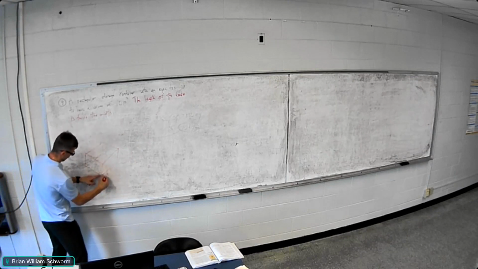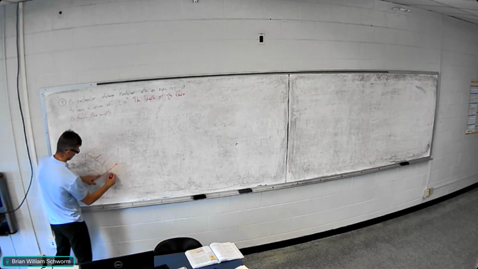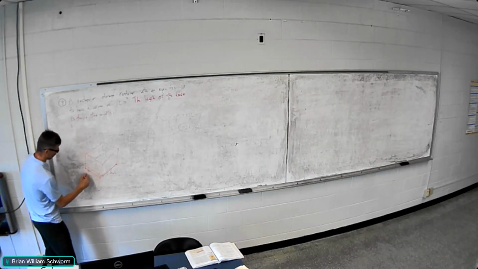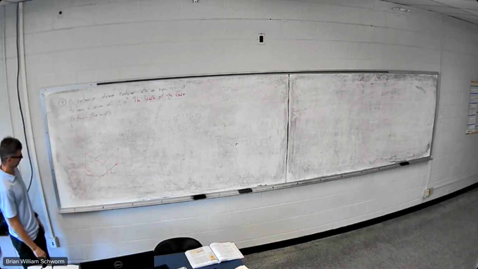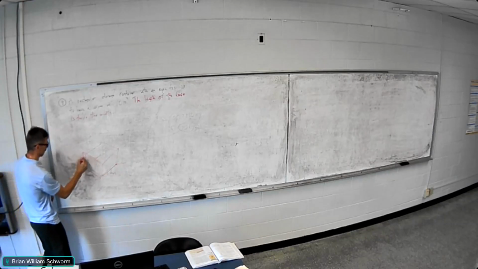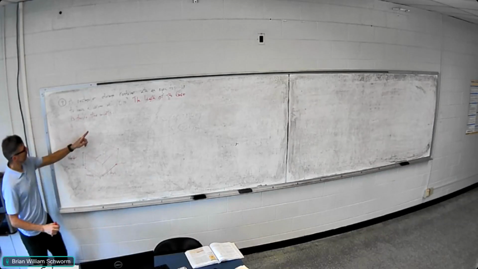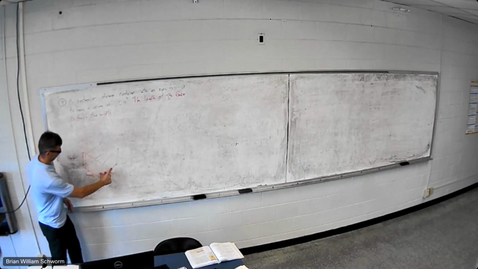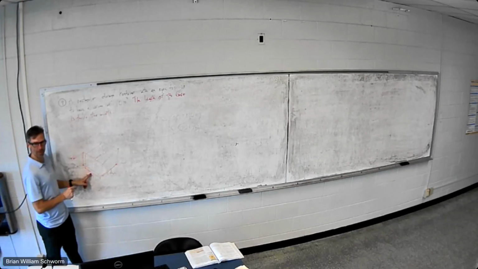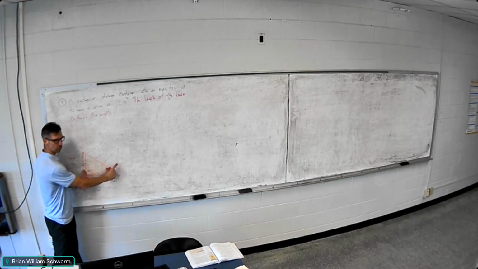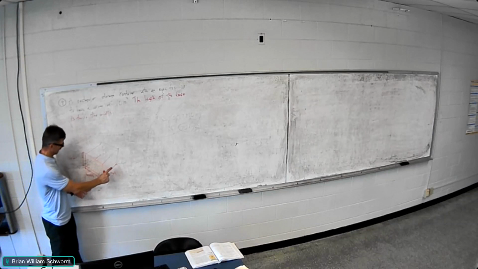Now, if I call this the length, they're saying that length has to be twice the width. Of course, there's another dimension they haven't even really made reference to yet, the height. But what they're saying right here is the length has to be twice the width. So they're giving me the relationship, the constraint between these two dimensions.